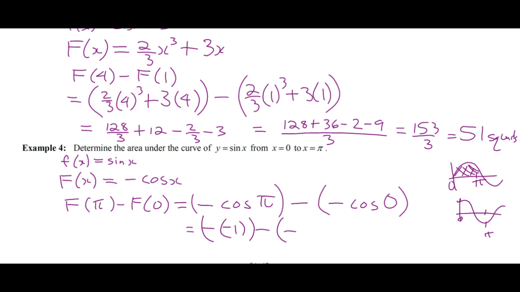Minus negative, and the cos of 0 is 1. So we've got 1 minus negative 1, which is 2. Okay, so 2 units squared. Whatever your units may be.